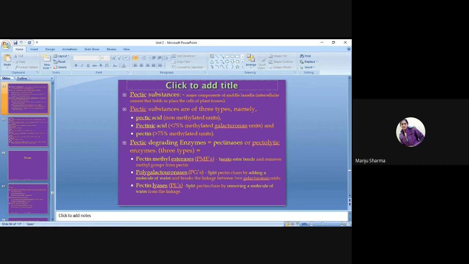The pectin-degrading enzymes are pectinases or pectolytic enzymes, and there are three types. Pectin methyl esterase, PME in short, breaks ester bonds and removes the methyl group from pectin.